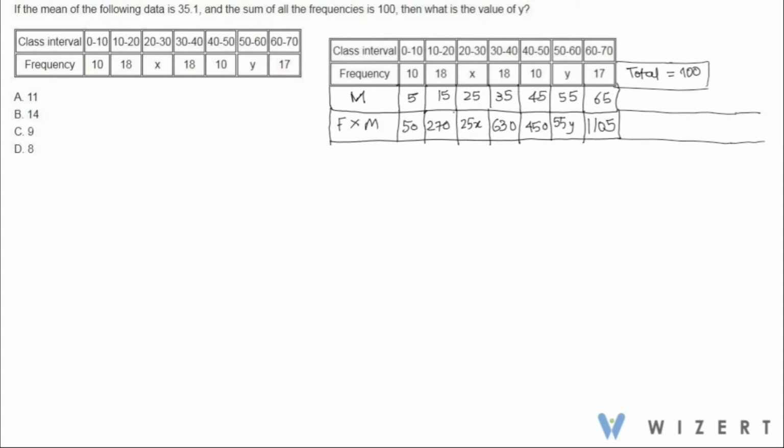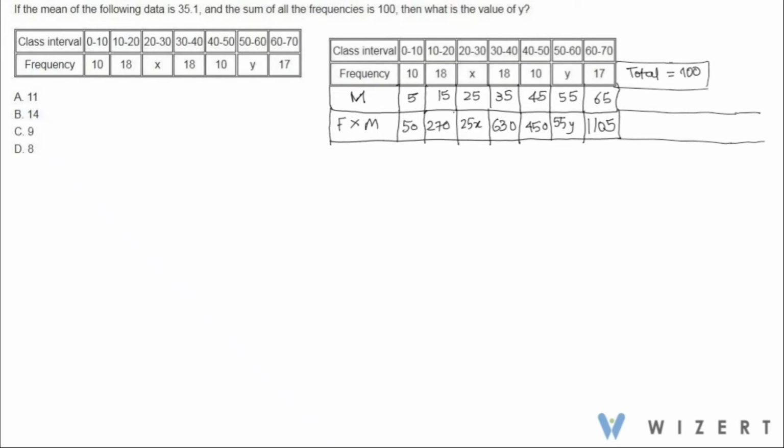Let's see. So 50 plus 270 is 320. 320 plus 630 is 950. 950 plus 450 is 1400.